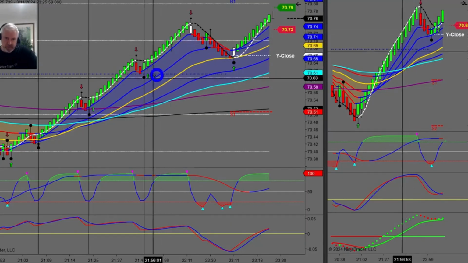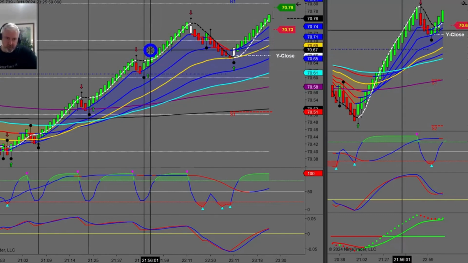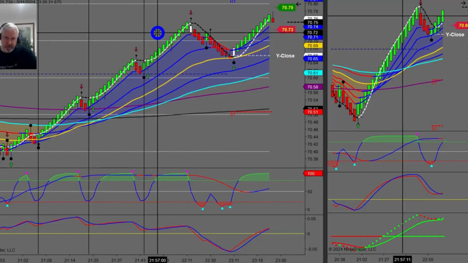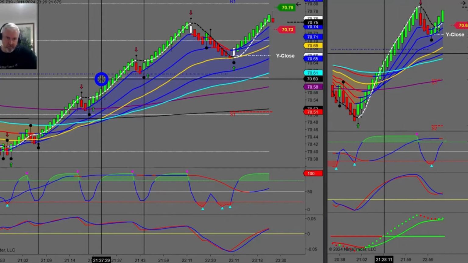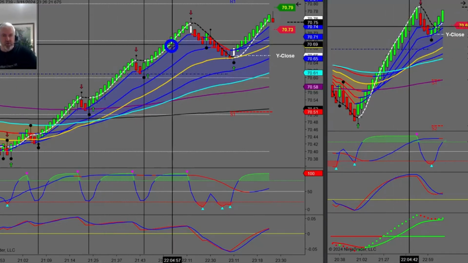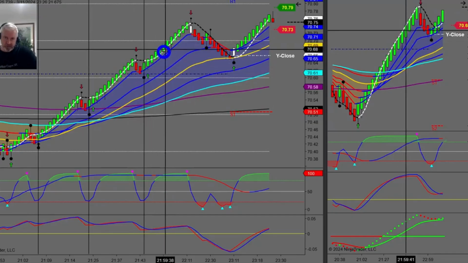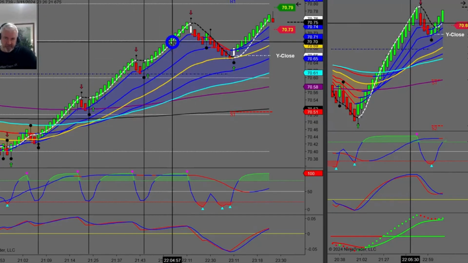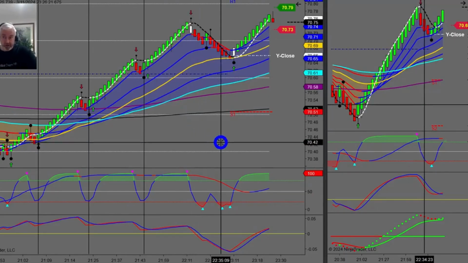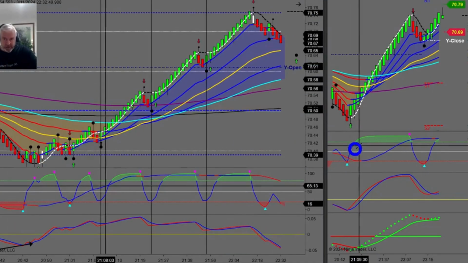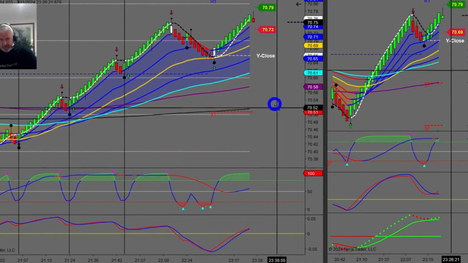So if we entered here, 1 2 3 4 5 6 7 8 9 10, and we entered here, 1 2 3 4 5, there's your 20 ticks for the day straight away, just there. How many a day are you after? 25 to 40 ideally.